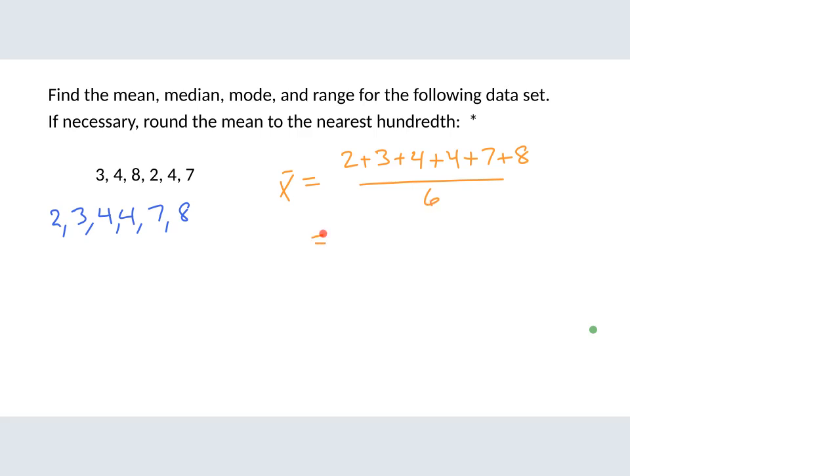That's 28 over 6. 4.66666 that repeats. We were told to round this to the nearest hundredth. So we'll find the hundredths place, look one space to the right, that's 5 or bigger. So we'll round this up to 4.67 for our mean.